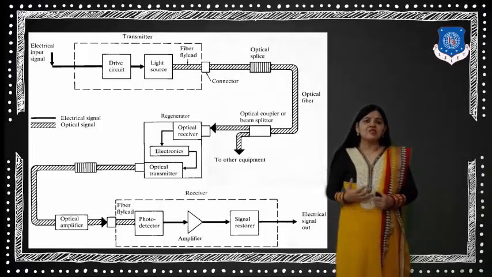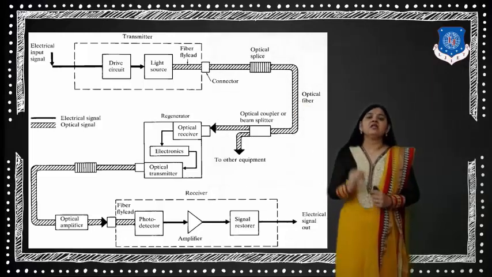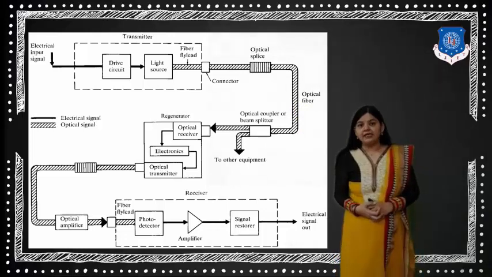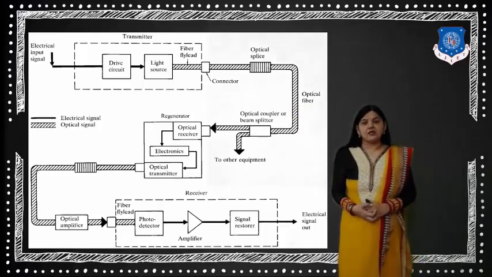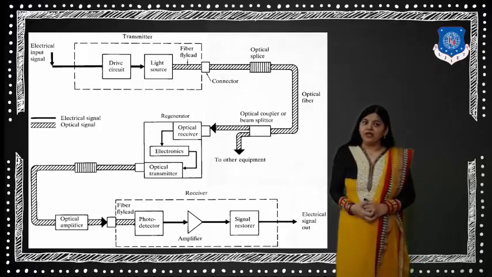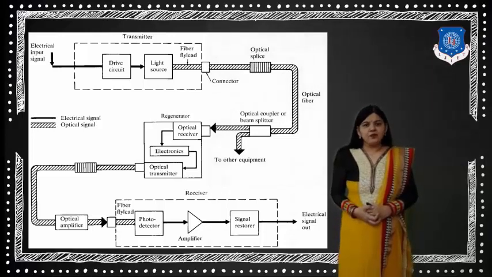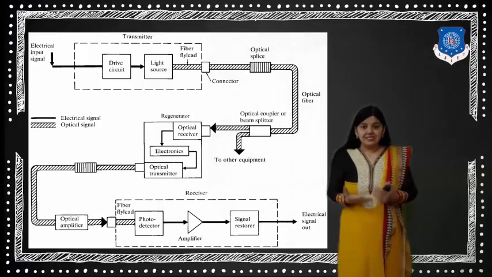The device which we need over here is a light source. The light source can be either the LED or the laser. This light source will convert the electrical signal into the optical form. To run this light source, we need a driver circuit.